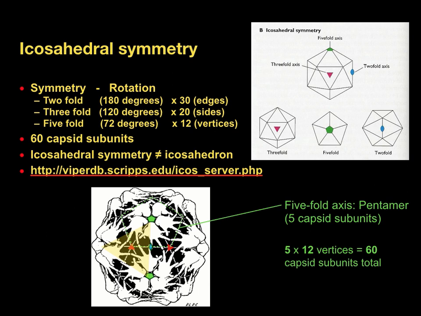And here we have an example of, I would say it's fictitious, it's not a real virus. Question? Yeah, sorry. I was just wondering, do the capsids retain their shape after the genetic material is released out of them? So it depends on the virus.